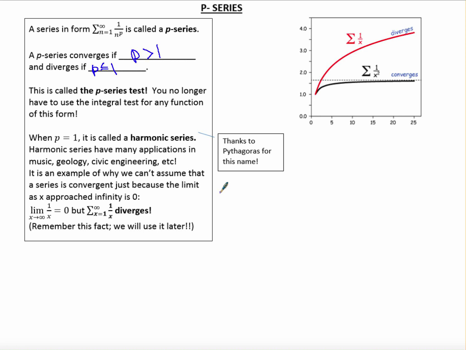Because the limit as x approaches infinity of 1 over x does equal 0, but we in fact know that it's a divergent series from our prior work. So don't forget that. It will probably pop up. And if I know me, I would probably put it on a test. So there we go. Those are our next two convergence tests.